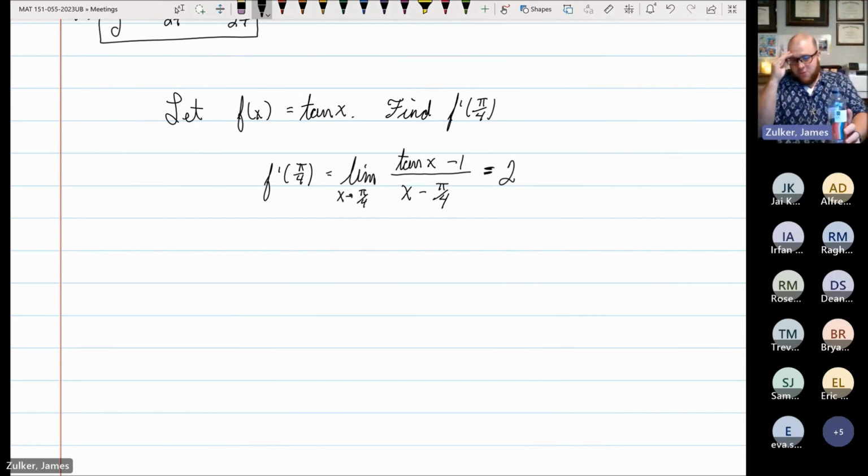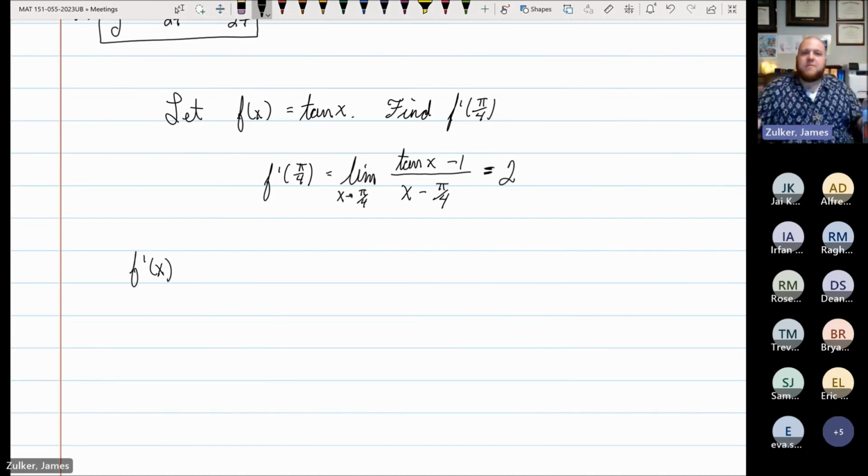This is why we want to find an easier way of calculating derivatives, right? Well, it would certainly be nice if we can find the derivative as a function, right?